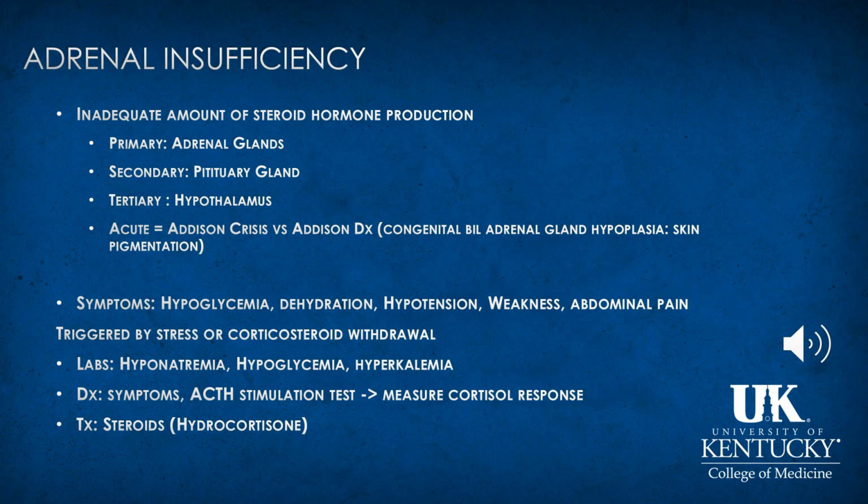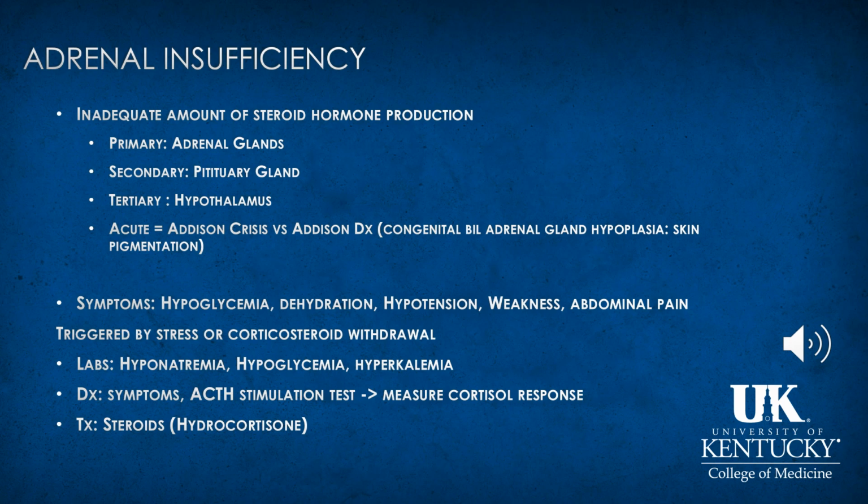So what happens if your adrenal glands don't work? Adrenal gland insufficiency. That means there's an inadequate amount of steroid hormones produced and effective. It can be on the level of the adrenal glands, the so-called primary adrenal gland insufficiency, or secondary, lack of stimulation from the pituitary gland, or tertiary, lack of stimulation and releasing factors produced by the hypothalamus.